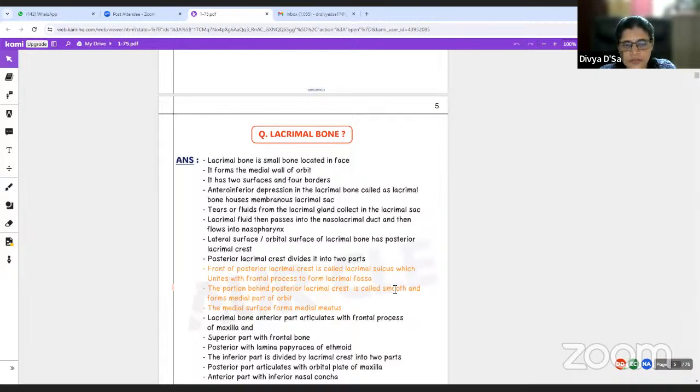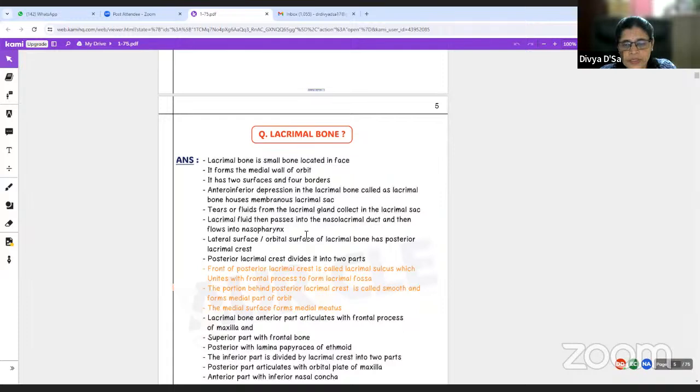It has 2 surfaces and 4 borders. The anterior-inferior depression in the lacrimal bone is called the lacrimal fossa, which houses the lacrimal sac. The lacrimal sac will be present within that depression.